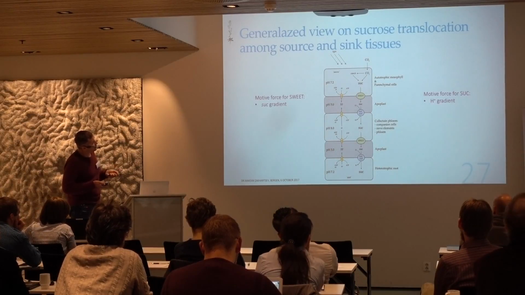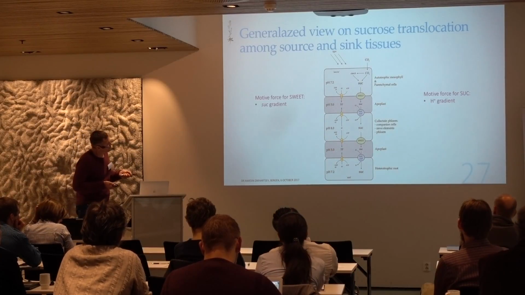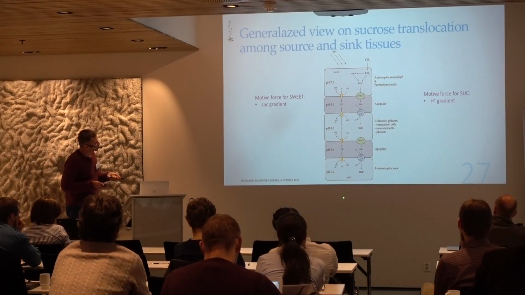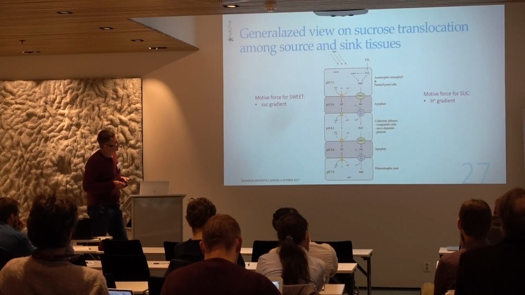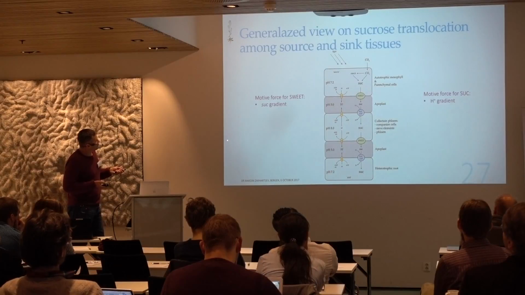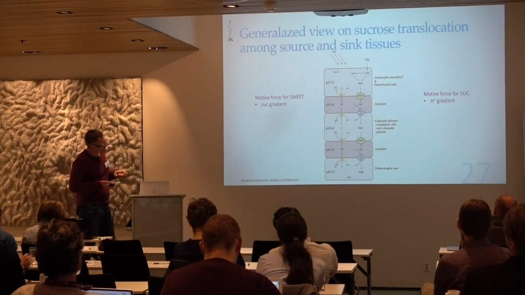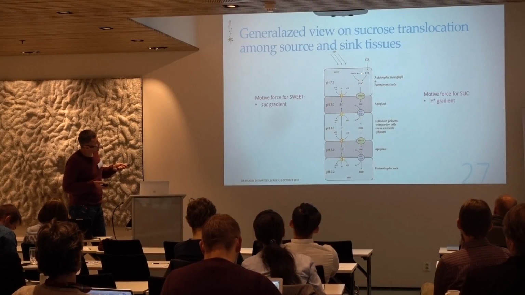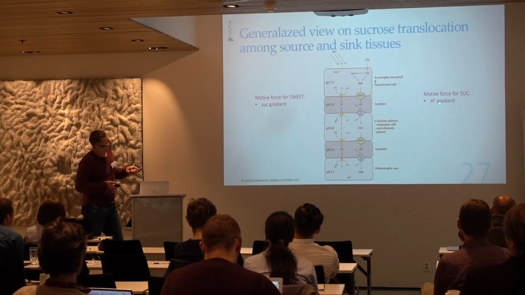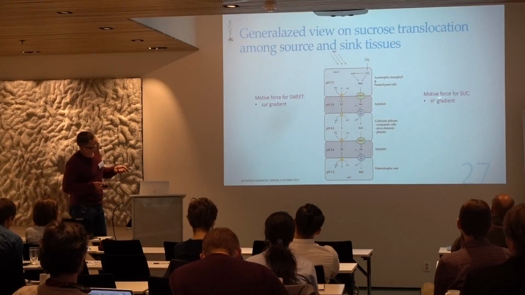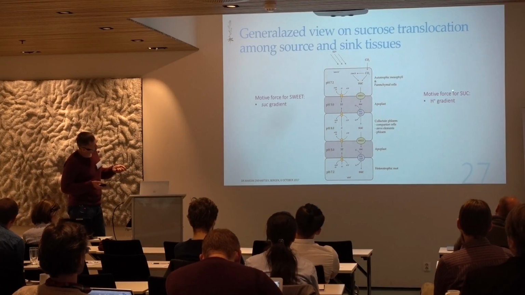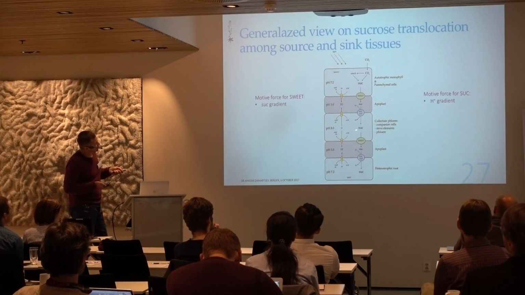In the backwards direction, we model the movement of water and nutrients from the root up to the leaves. The motive force for the efflux transporters, the SWEETs, is the sucrose gradient, so it goes according to the gradient, and the motive force for the symporter family is the proton gradient, so it goes in this direction.